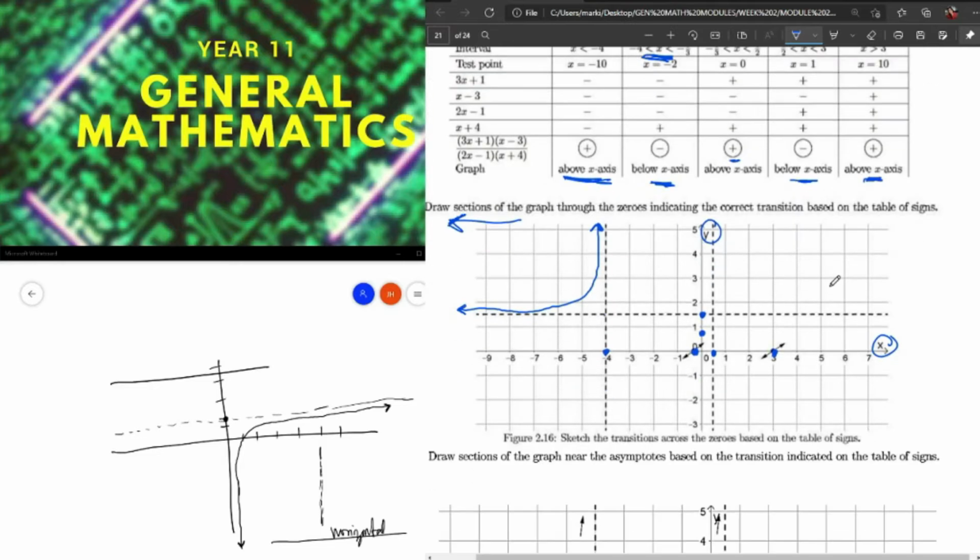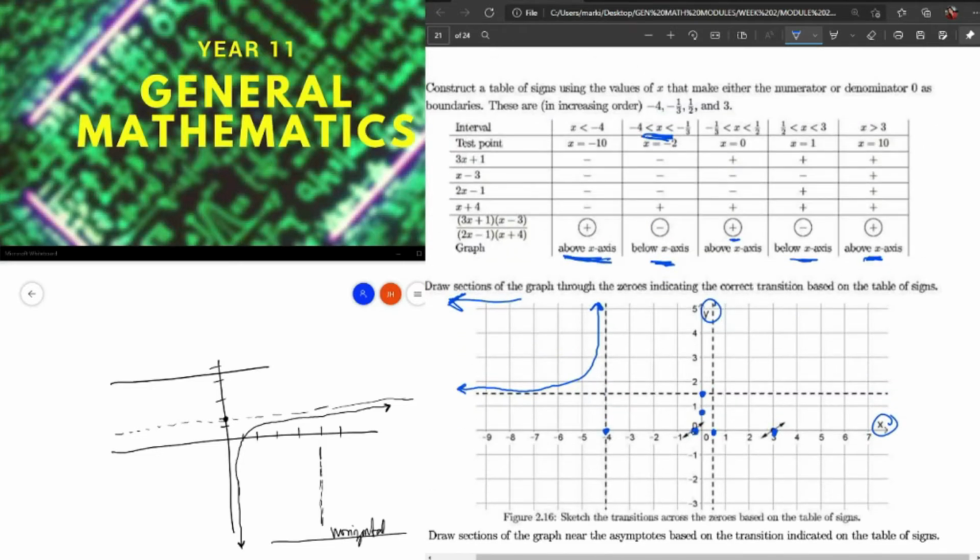So since we already have a point here, we can just say that it is below the x-axis, so we're moving to that vertical asymptote, but we're not going to touch that line. So it just ends there. There's no really perfect drawing for this one. You can have it here or like that, as long as it is going below the x-axis.